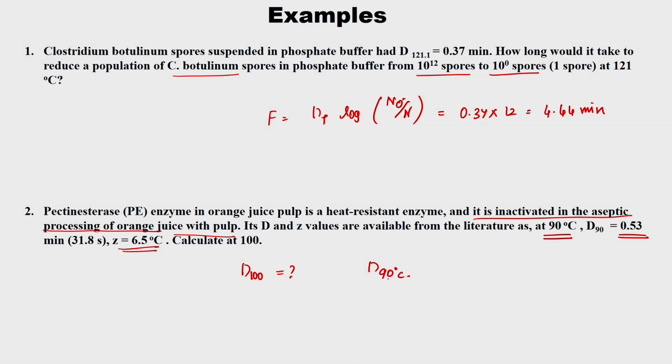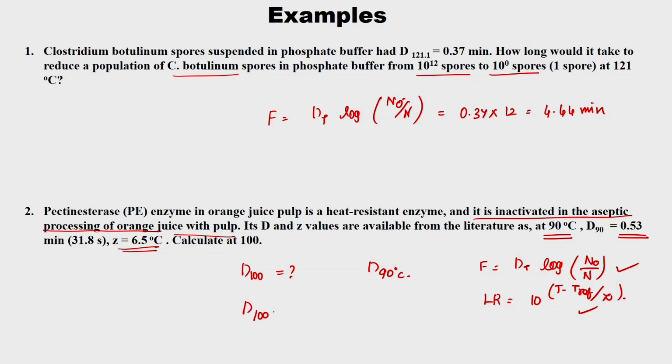So this is very much simple, because the basic formula would be F is nothing but D into log of N naught by N. So that is one formula we are frequently using. The other one is the lethality rate, which is nothing but 10 to the power of (T minus T reference) upon Z, right. So this is the formula we are going to use here.